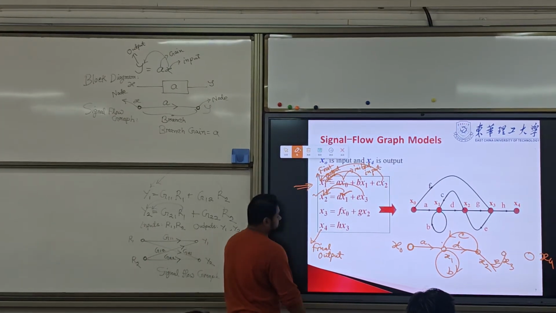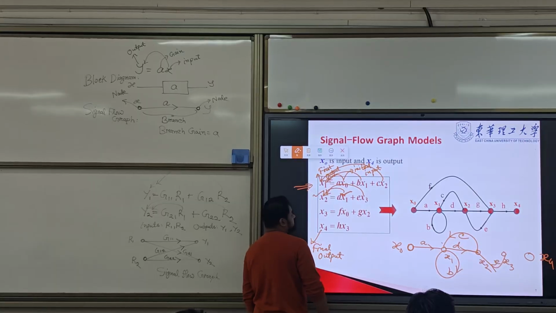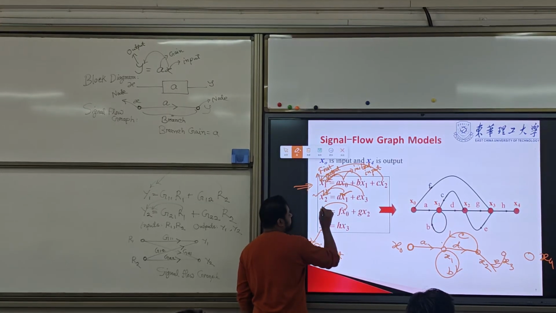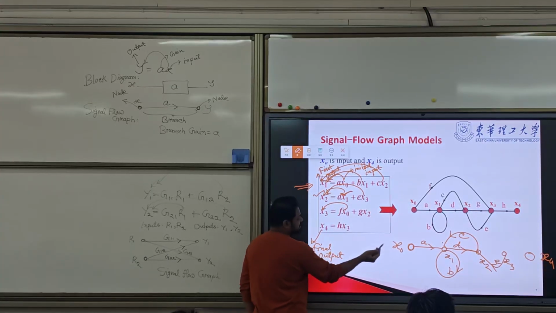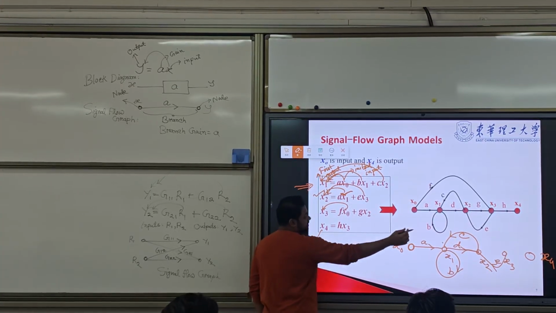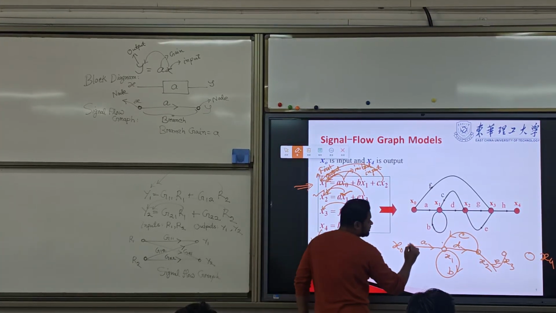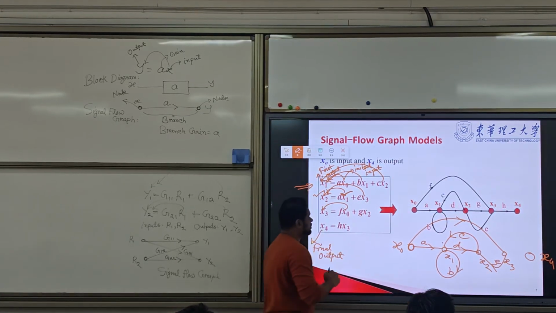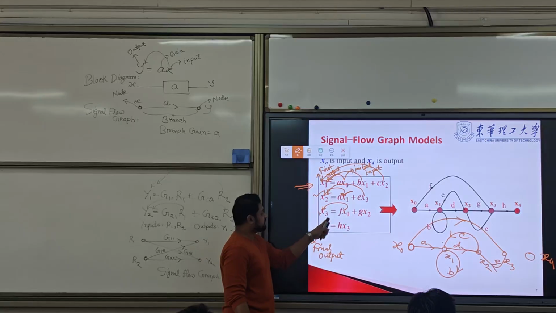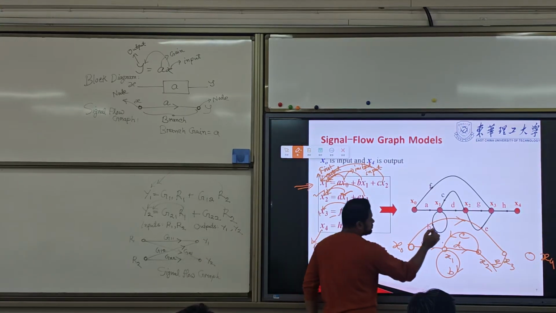Now the third equation. What is the third equation? In the third equation, x0 is flowing to x3. So look at this, x0 here, x3 there, forward direction. x0 is flowing to x3 with a branch gain f.